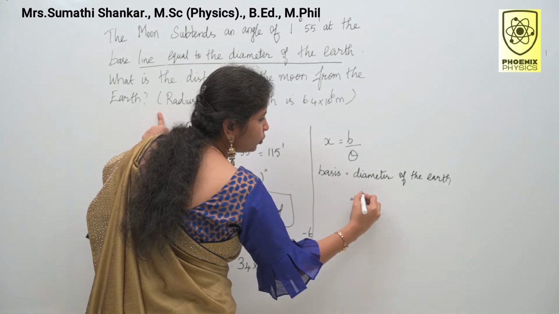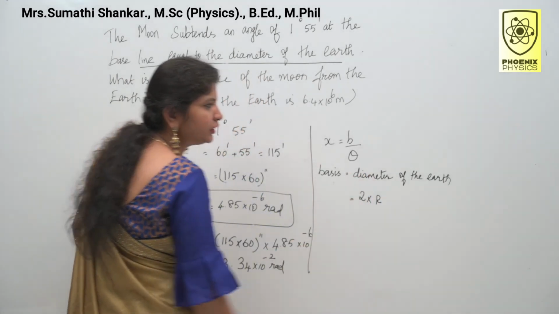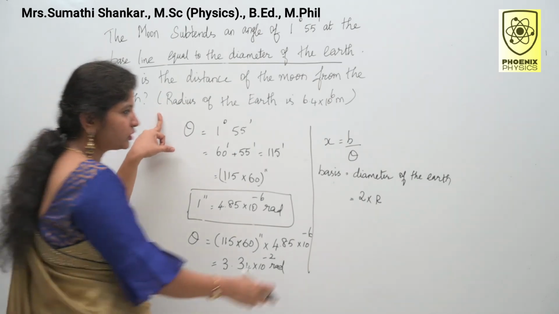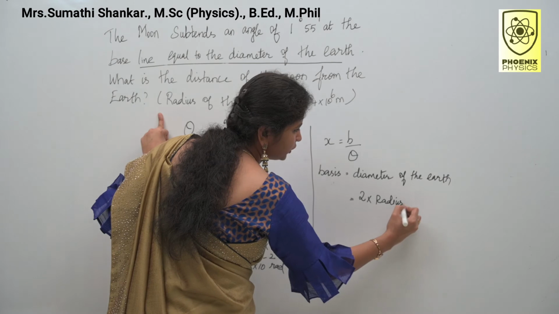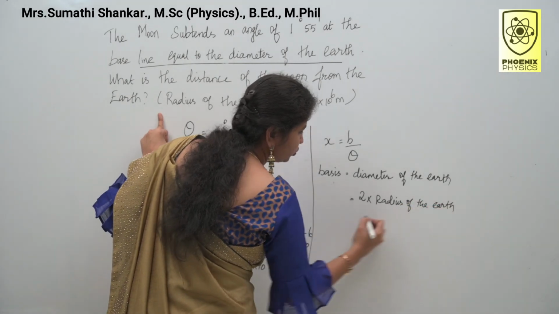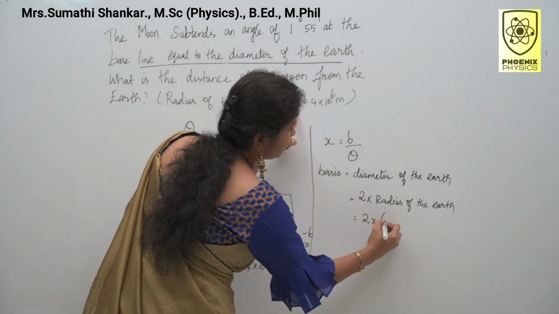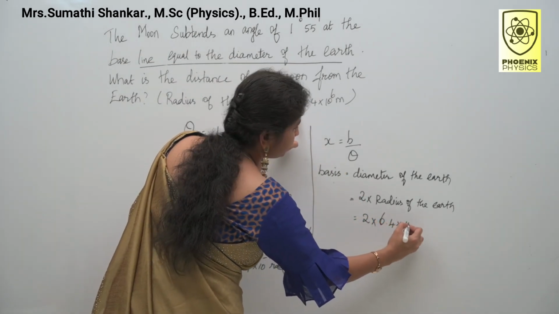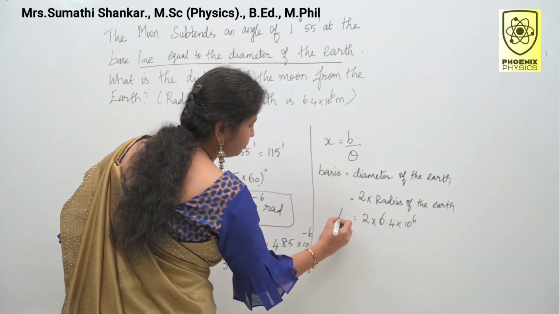So simply you multiply this radius into 2, you can get the diameter of the earth. What is this r? This r is nothing but radius of the earth. Okay, substitute the value 2 into radius 6.4 into 10 to the power of 6 meter. Okay, so this is our b value.